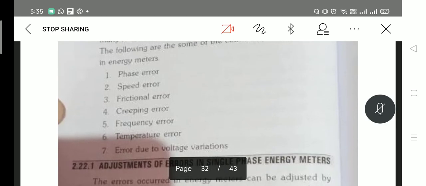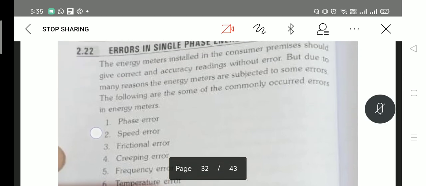These are the 7 errors that occur in an energy meter.